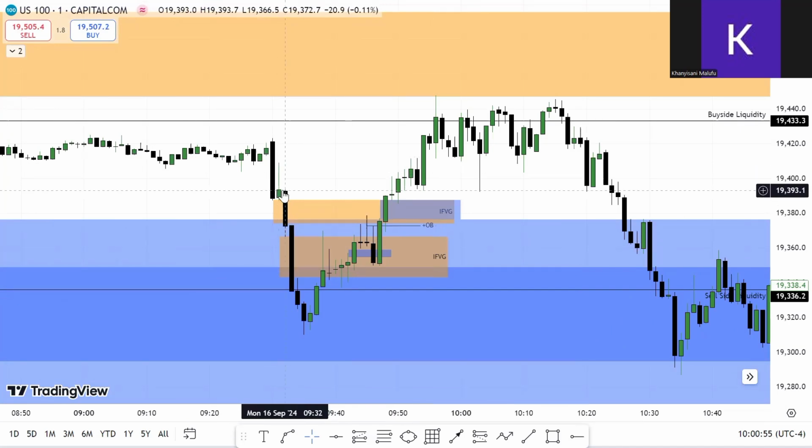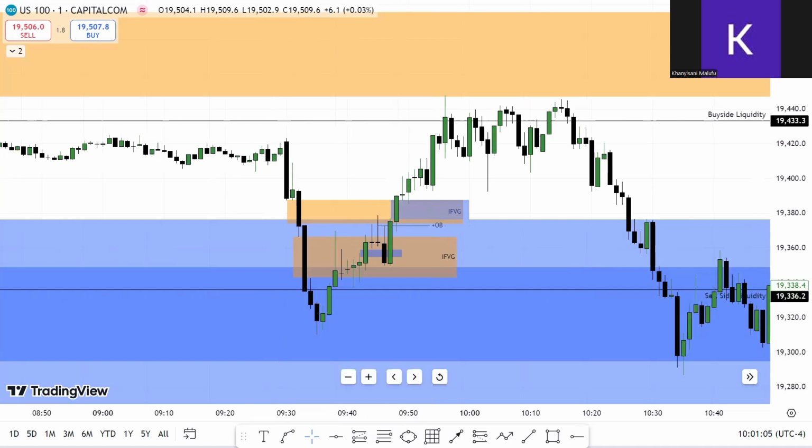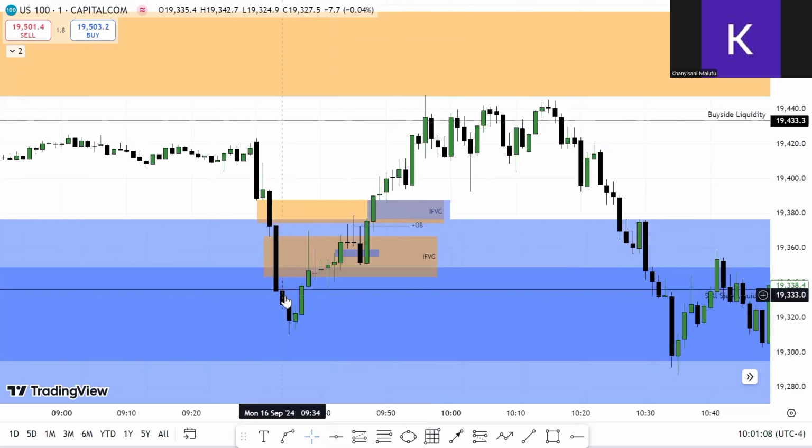Is it okay now? Yes, it's fine now. The expansion at this point, you see how it is too over-exaggerated, that it took the sell side I was targeting too fast. So we did not have that sloppy retracement to the bearish fair value gap as normal, then drop to the sell side. It took it at once, and we are in a bullish fair value gap.